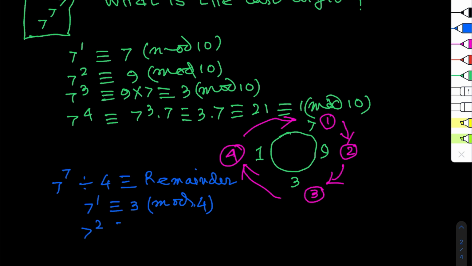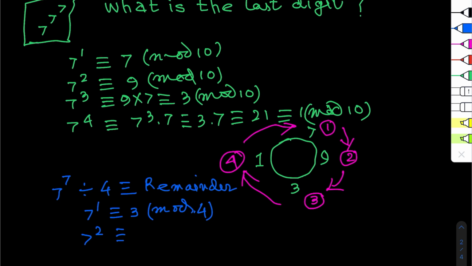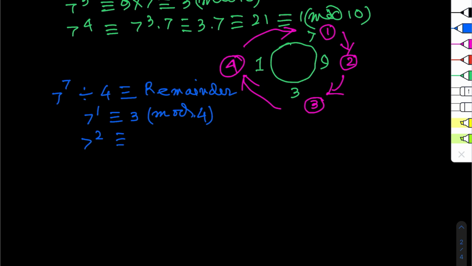Then 7 to the power 2: 3 into 3 means 9. When 9 is divided by 4, it gives the remainder 1. So 7 to the power 2 is congruent to 1 mod 4.